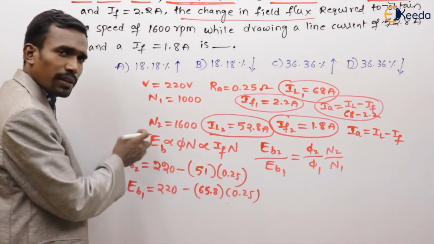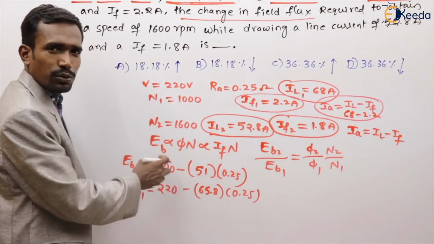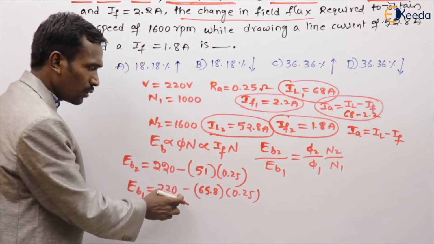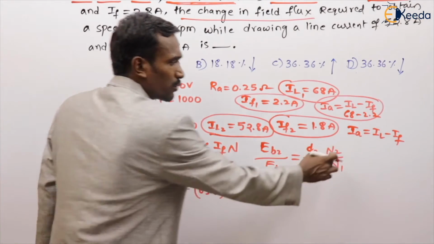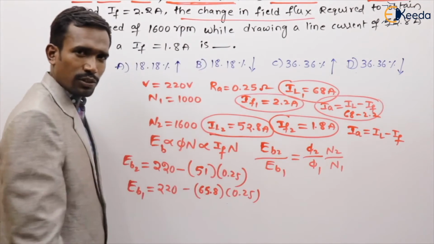Then I substitute here to get the EB1 and EB2 values. Now we have to substitute the EB1 and EB2 values, and also the N1 and N2 values.